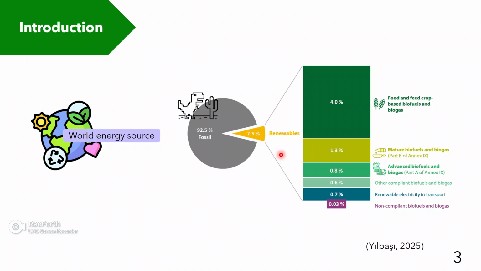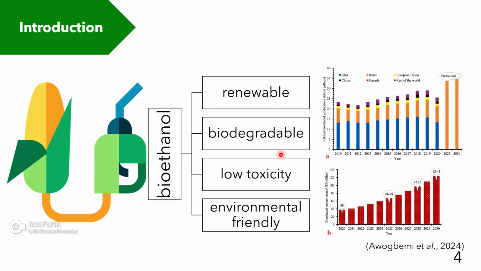Now the world's energy sources are predominantly fossil resources, which account for around 90%, and less than 10% is renewable resources. These renewable resources are also predominantly food and feed crop based biofuels and biogas, accounting for 4%.